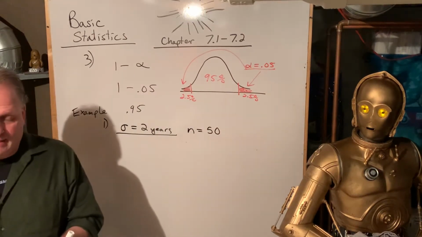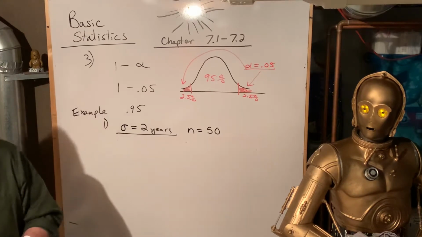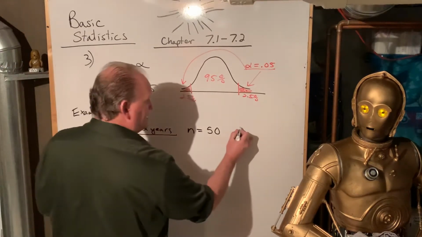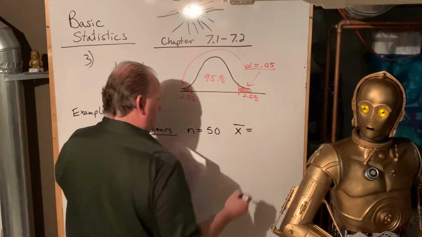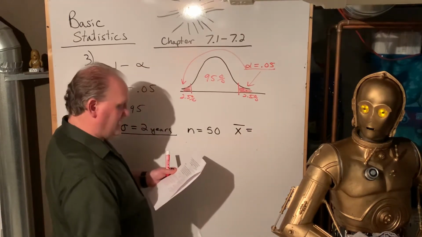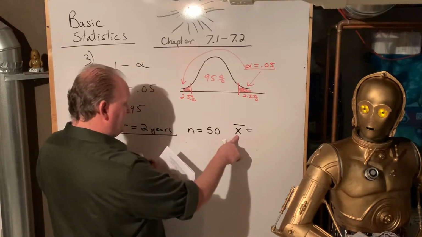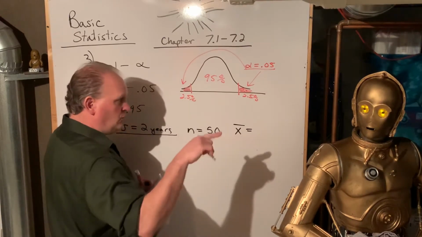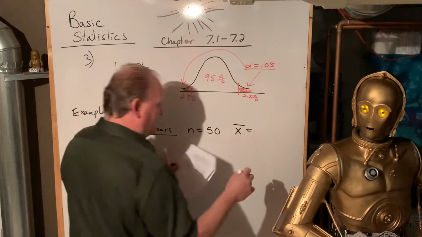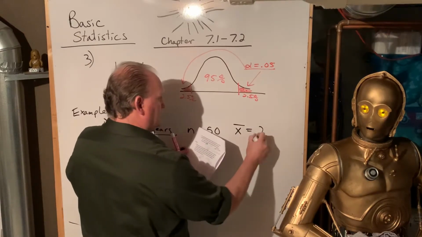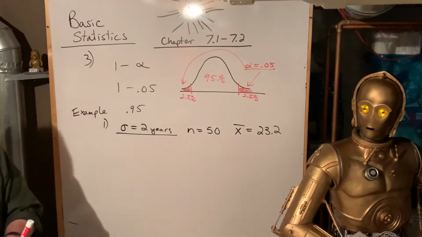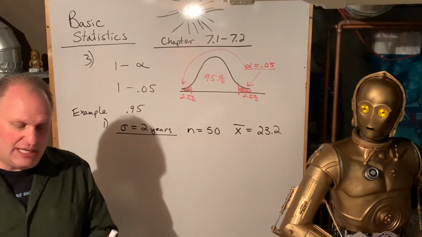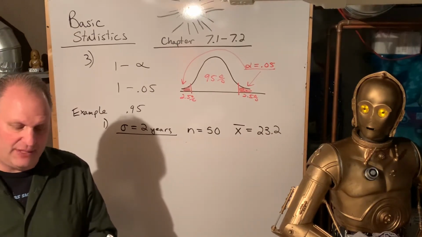And the mean is 23.2. Now the mean in the context of this problem is x bar, and that's the mean of the sample. Whenever it's an x bar, that's a mean of a sample. If it was mu, then it would be the mean of a population. All right, so 23.2. Now find a 95% confidence interval of the population mean.